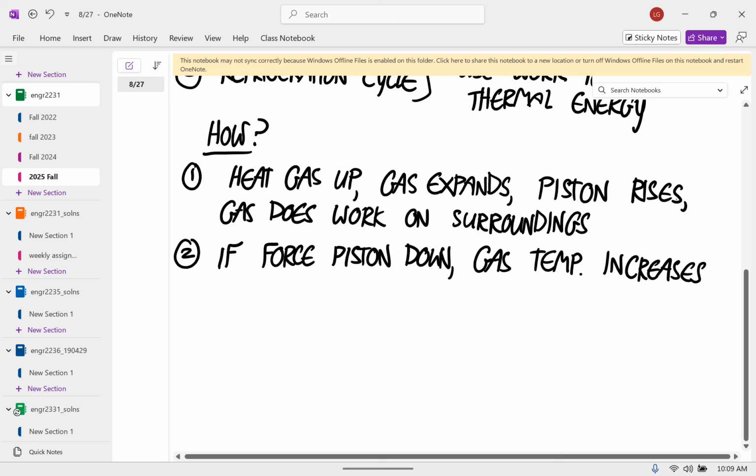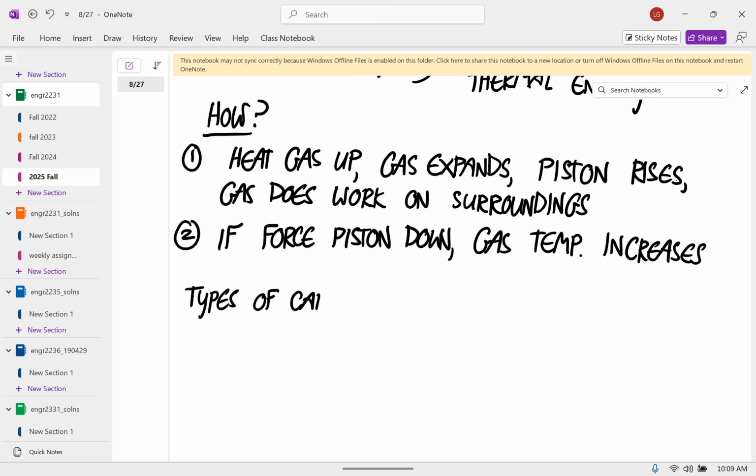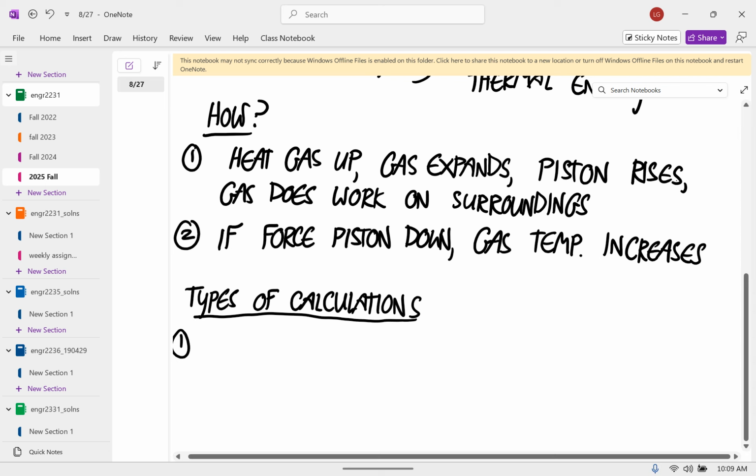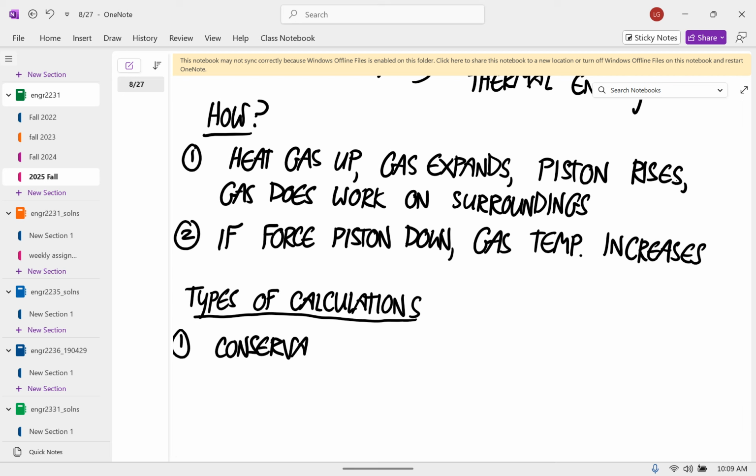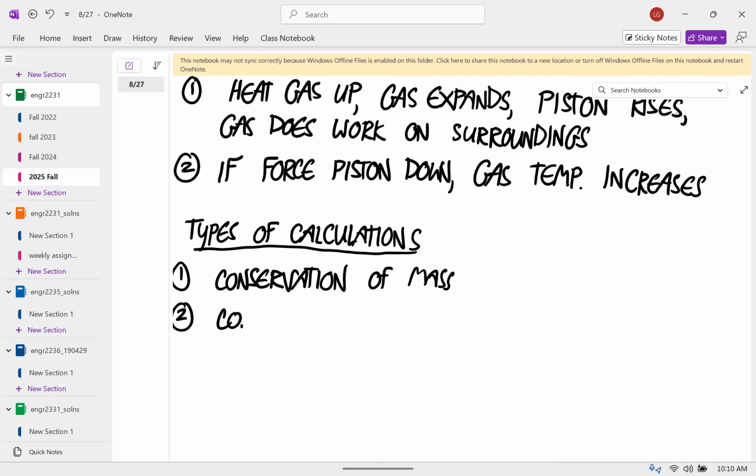The types of calculations that we're going to do are we're going to deal with conservation of mass. Conservation of energy.